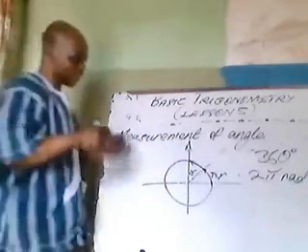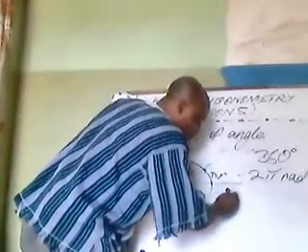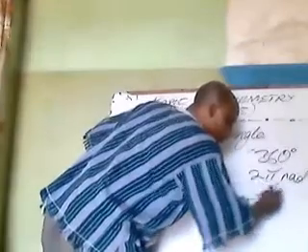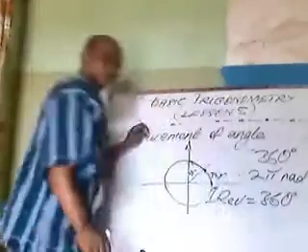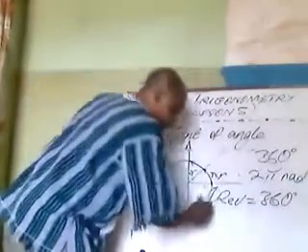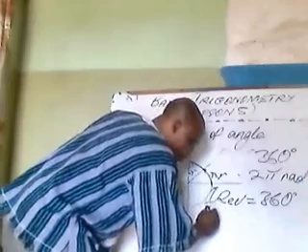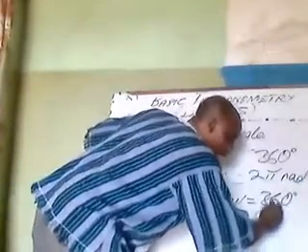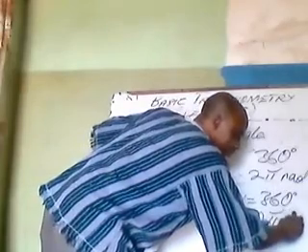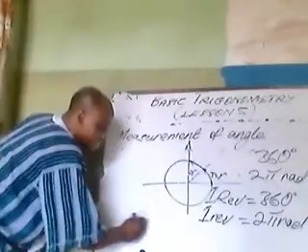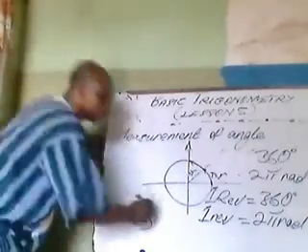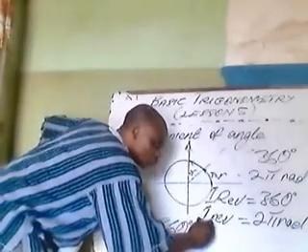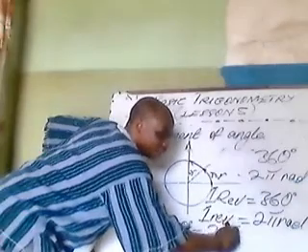So what it means is that since one revolution is equal to 360 degrees, and we are being told that the same one revolution is equal to 2 pi radians, what it means is that 360 degrees is equal to 2 pi radians.